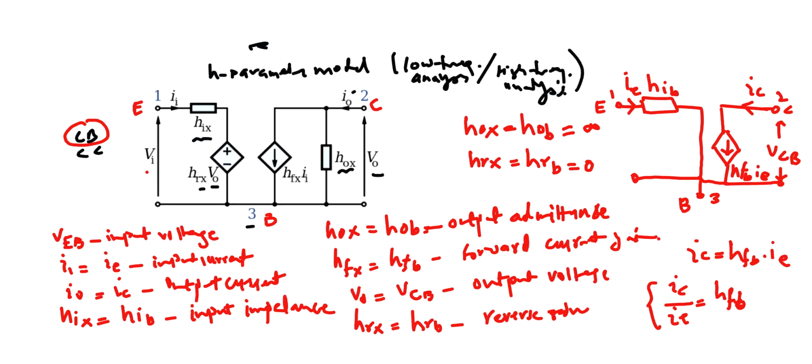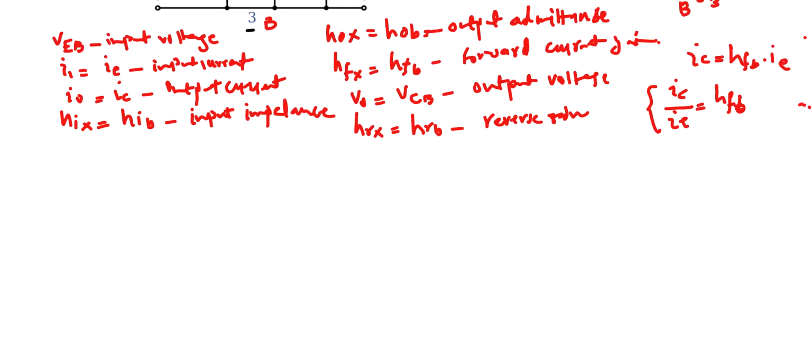What if you want to draw the model for your common collector configuration? Can you do that? So let's try that. Your pin number 1, common collector, you have this HIX. Is it HFX? No, HIX.